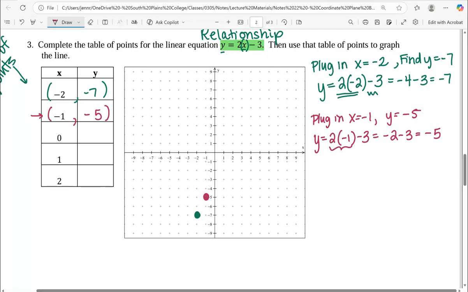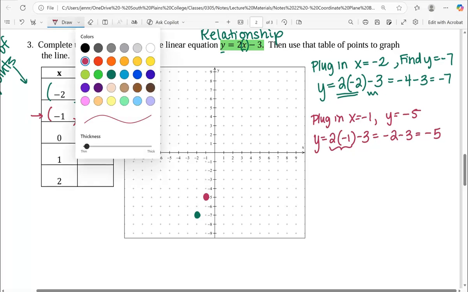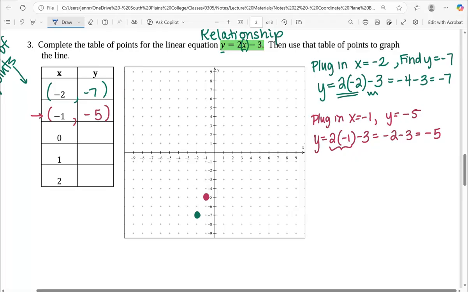The rest of this problem, literally exact same process. So if you want to pause and move forward on your own for this problem, you're welcome to. Next up, we're going to plug in x to be 0. So y equals 2 times 0 minus 3.